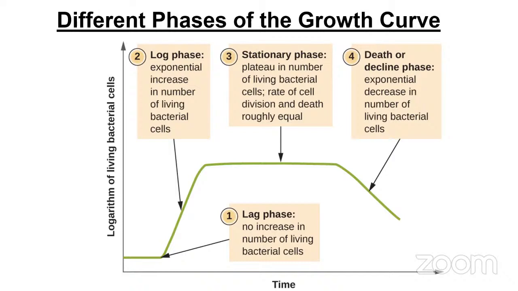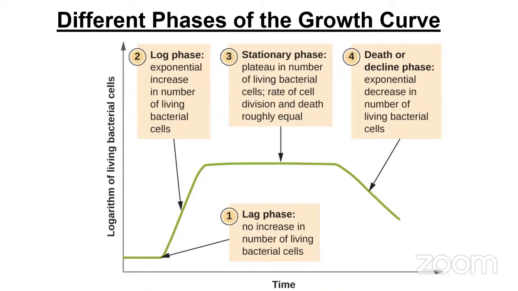In log phase, there is an exponential increase in the number of living bacterial cells. In stationary phase, there is no increase in the number of living cells because the number of living bacterial cells is equal to the number of bacterial cells which are dying. In death or decline phase, there is an actual decrease in the number of living bacterial cells.